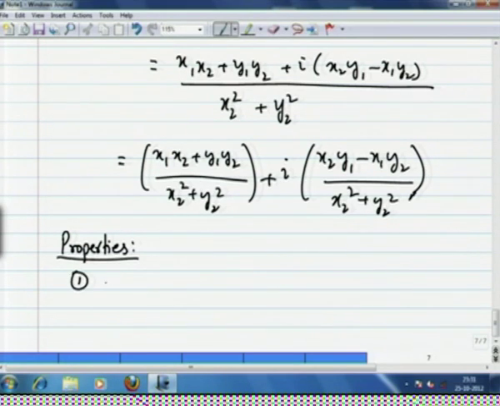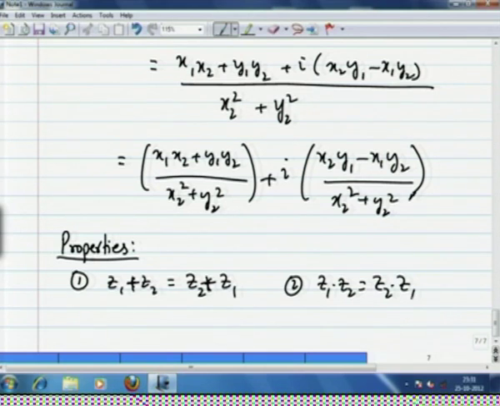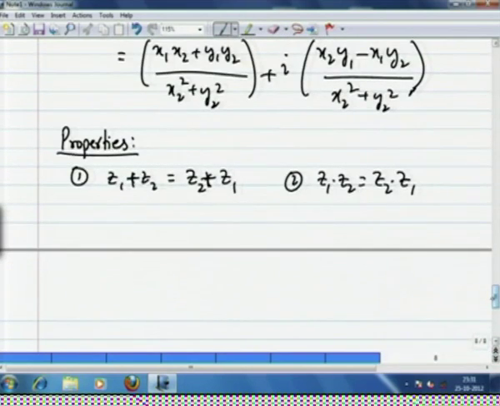Firstly, z 1 plus z 2 is equal to z 2 plus z 1, and likewise, second, z 1 times z 2 is equal to z 2 times z 1. These two properties are called commutativity, the commutative property of addition and multiplication.